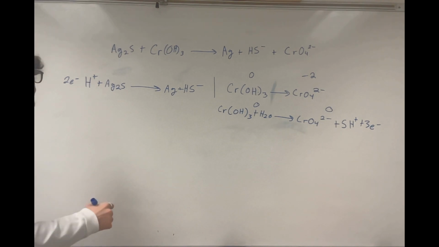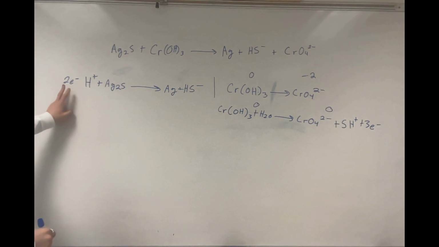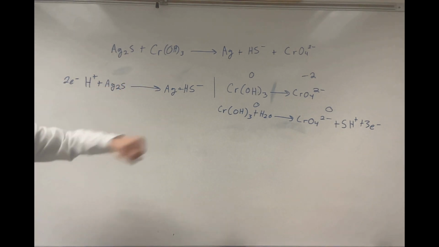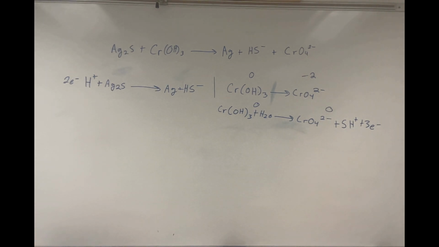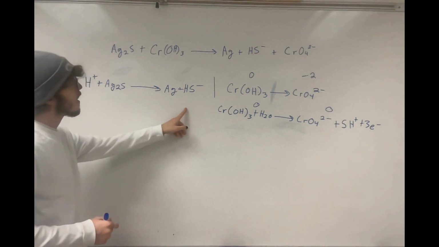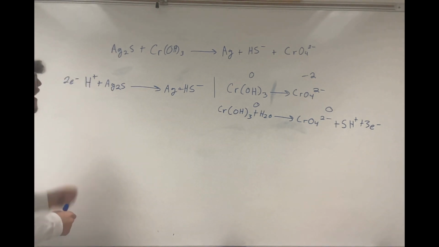Okay, now let's balance the overall equation. So notice we have 2 electrons here, 3 electrons there. I see that their common factor is going to be 6. So I'm going to multiply our silver reaction by a factor of 3 to give us 6.